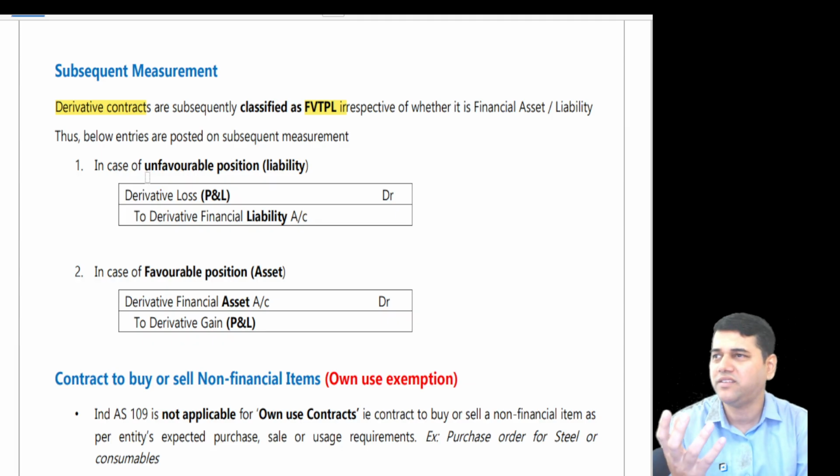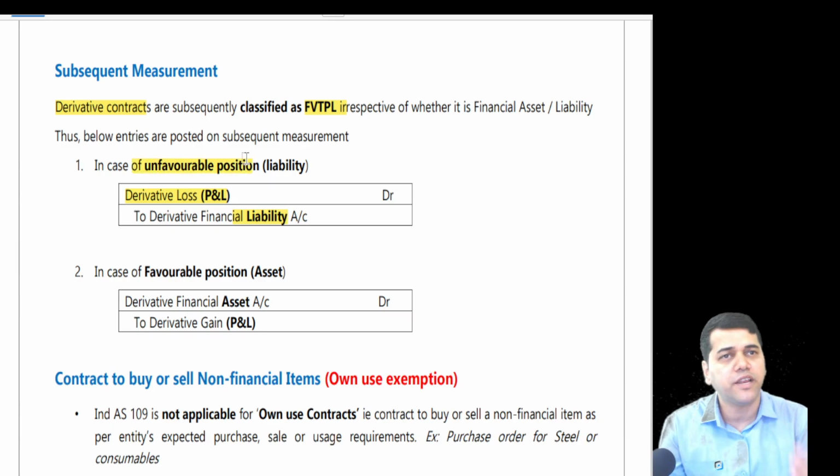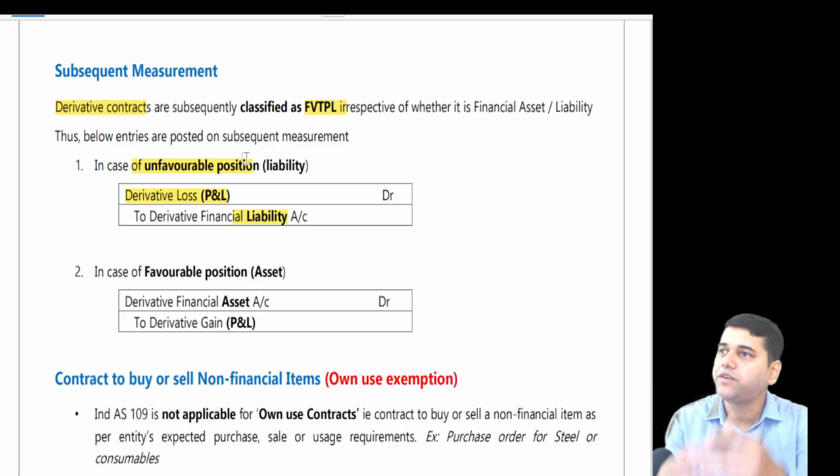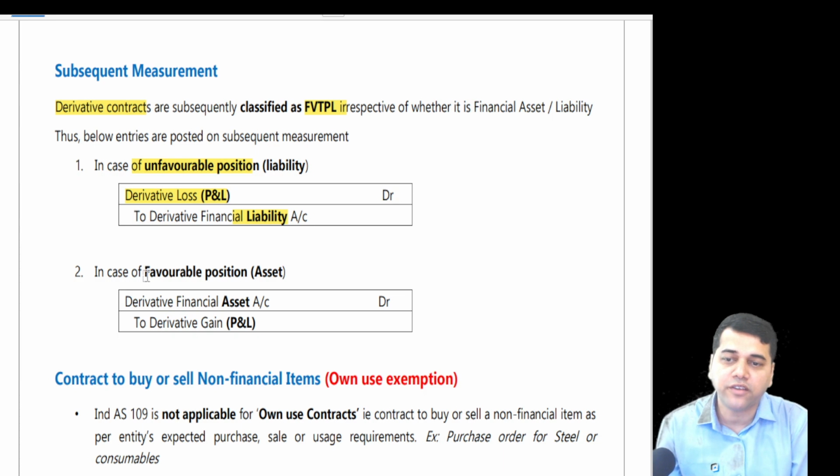Can you see such a simple thing? Either you pass derivative loss account debit to derivative financial liability, if you are in an unfavorable situation, because derivative contracts are a zero sum game. Your profit is the other person's loss. No win-win situation there. And in a favorable situation, you have got derivative financial asset debit to P&L gain.